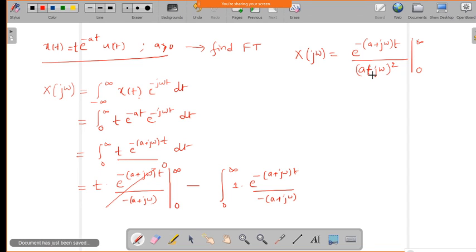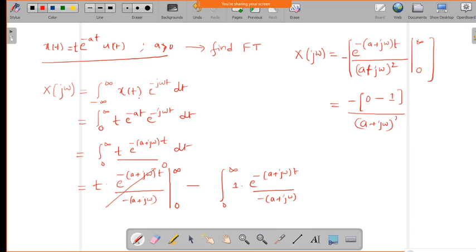Substituting the values 0 to infinity, here there is a minus. So you will get minus of, if you put infinity this becomes 0, and if you put 0 it becomes 1, divided by (a plus j omega) whole square.